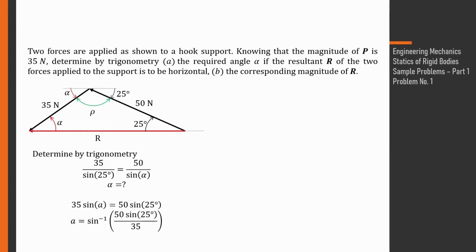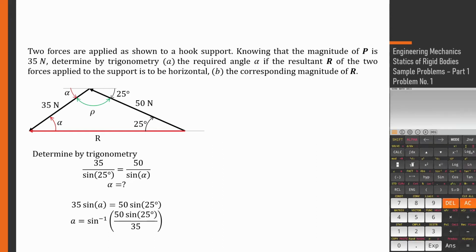Therefore, alpha is the arc sine of 50 sine 25 degrees over 35. I'm going to store the value of alpha at A: 37.1382 and so on degrees.